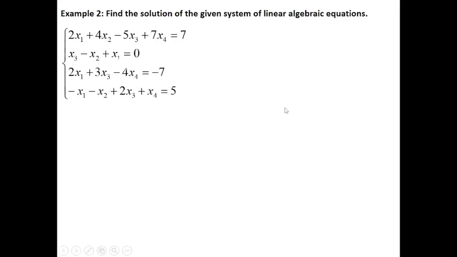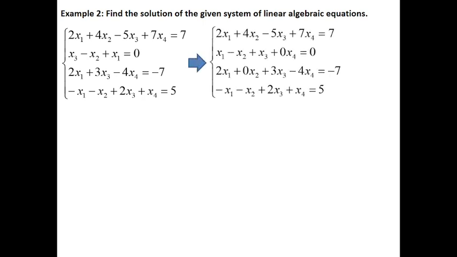So find the solution of the given system of linear algebraic equations. So dito, 4 equations, 4 unknowns. So ganun din ang process. Okay. So arrange natin sila sa ganitong form.